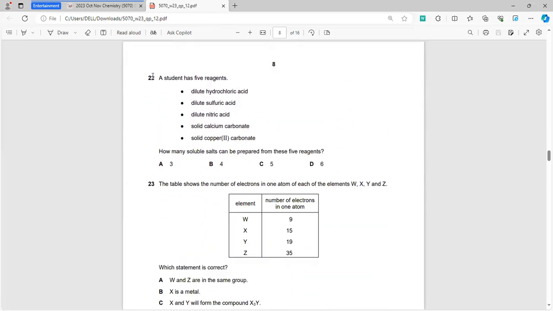Now in question number 22, you need to know the solubility rules. You just have to basically name the chemical compounds and then count how many of them are formed. For example, when copper carbonate is combined with HCl, it forms copper chloride, which is soluble. Similar is the case with copper sulfate or copper nitrate, these all are soluble.